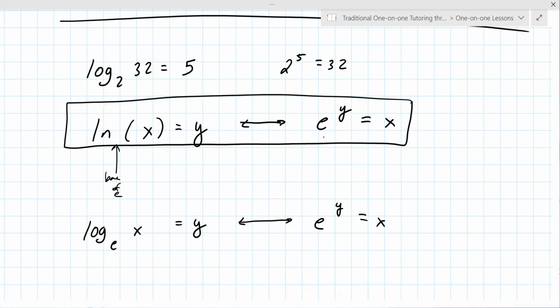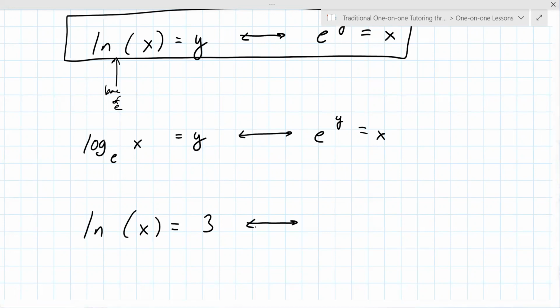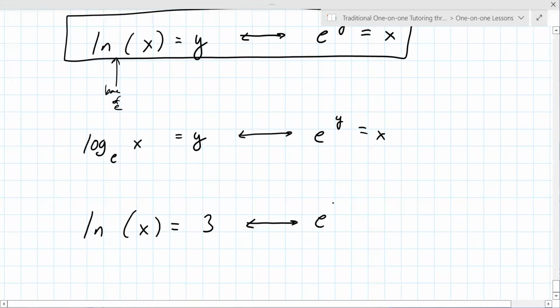Okay, got that. So let's try an example here. Let's say it's the natural log of x equals 3. What's the equivalent exponent form? So it'd be e to the power of 3 equals x. That's right.